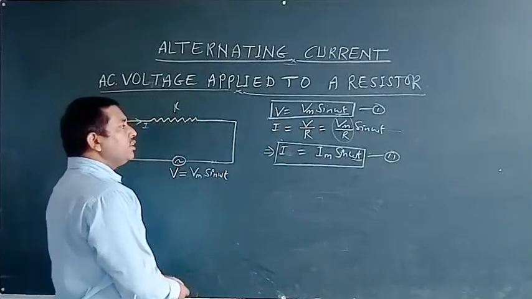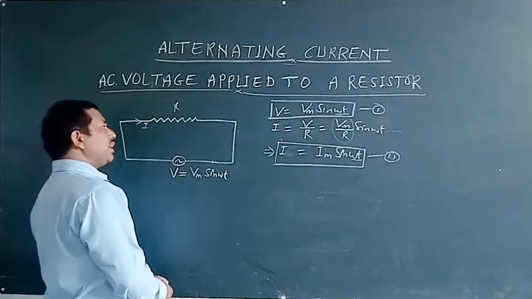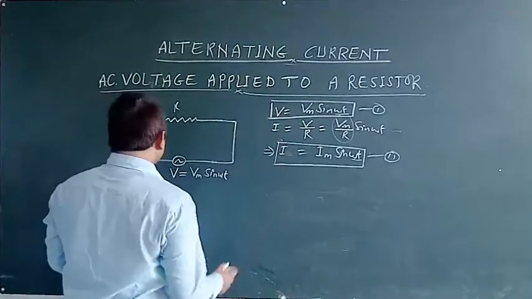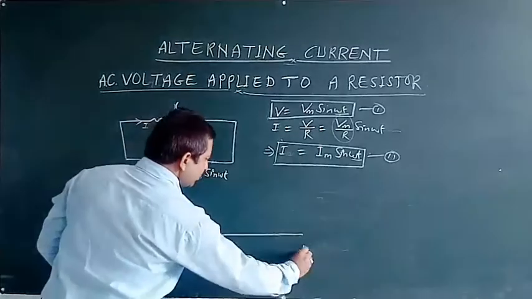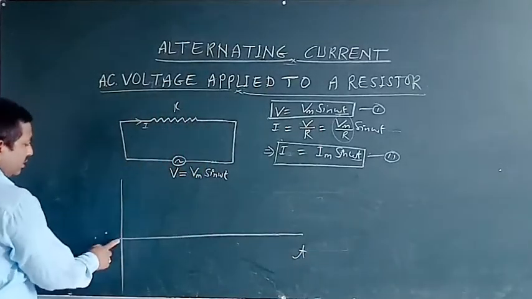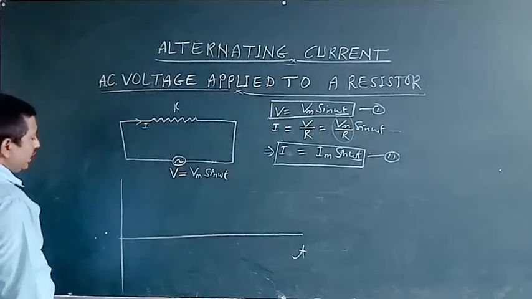If we plot a graph for the representation of voltage and current on a single time axis, then this is the current and voltage line.